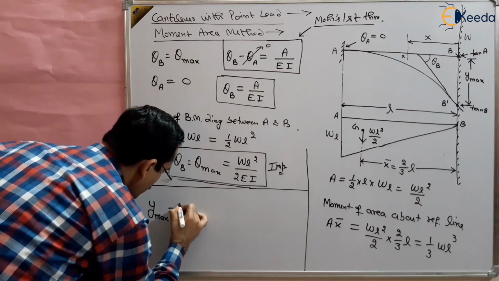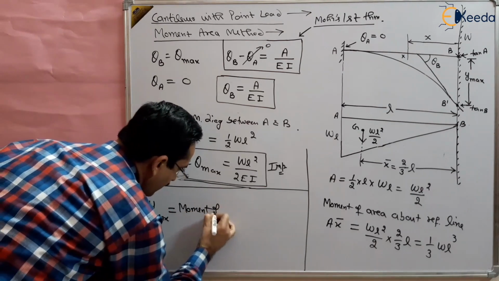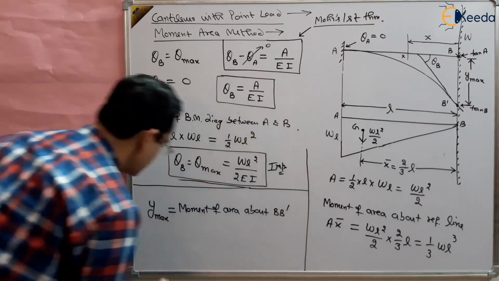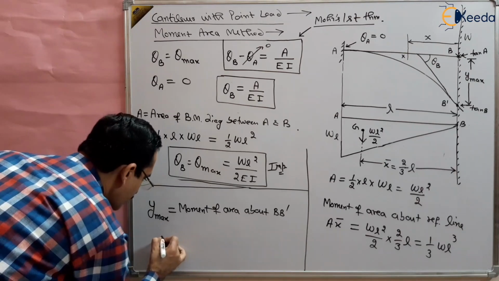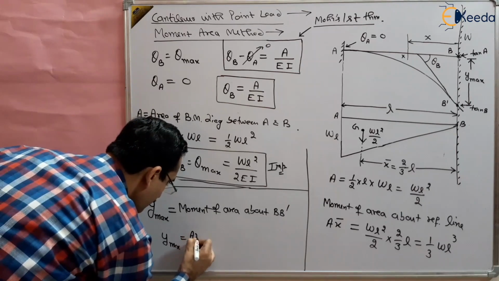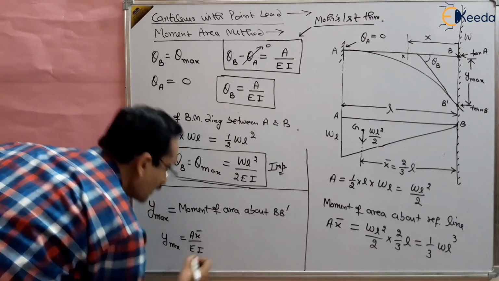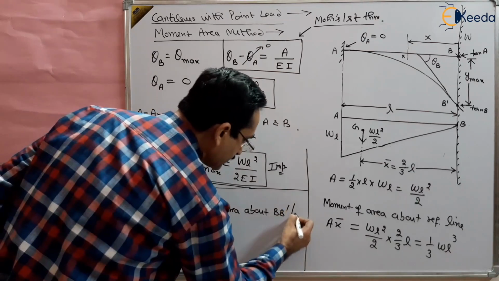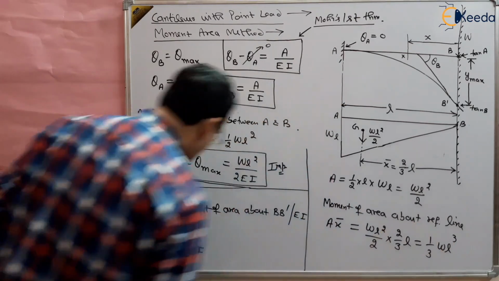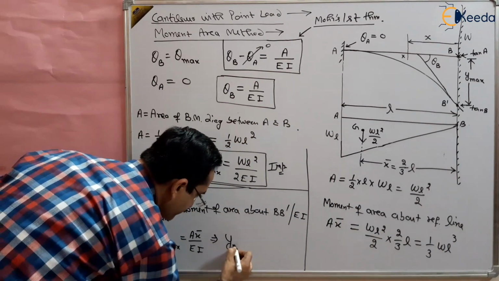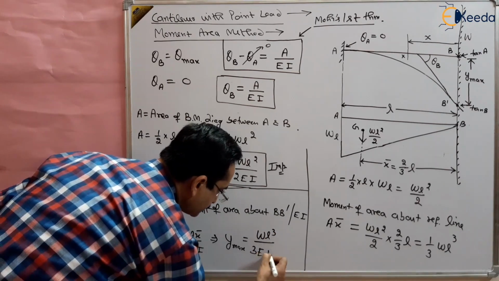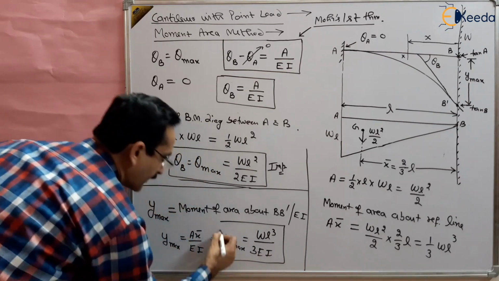So Y max will come out equal to A x bar divided by EI. So A x bar by EI, and A x bar is WL cube by 3. So finally we will get Y max as WL cube by 3EI. So this is our Y max, right?